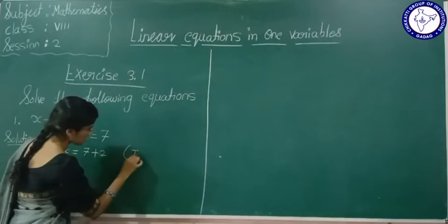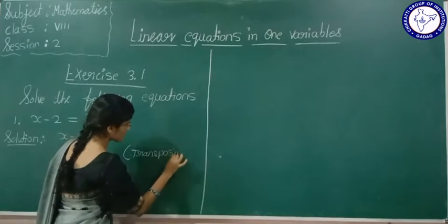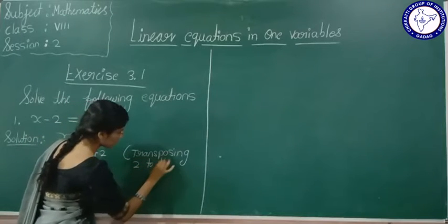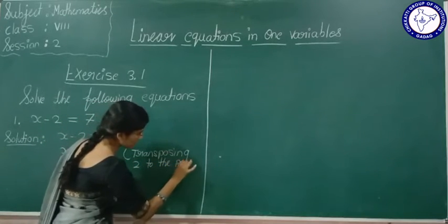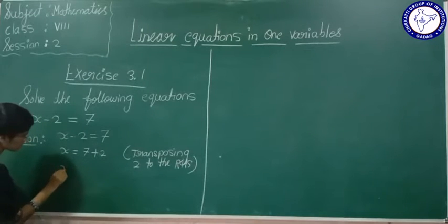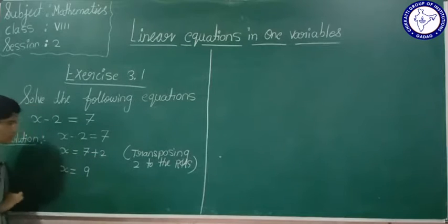What will we write? Transposing 2 to the RHS. Now see, this implies x is equal to 7 plus 2, which is 9.